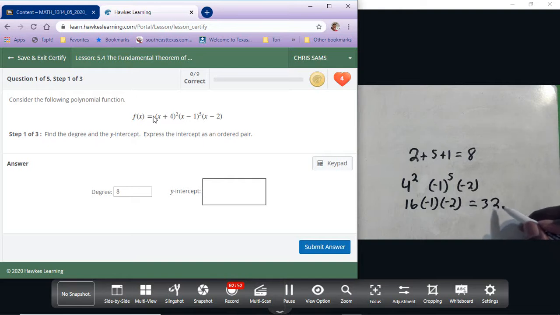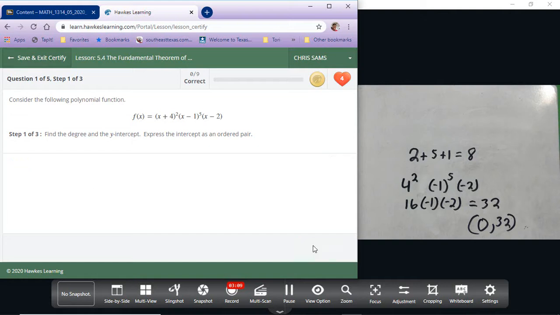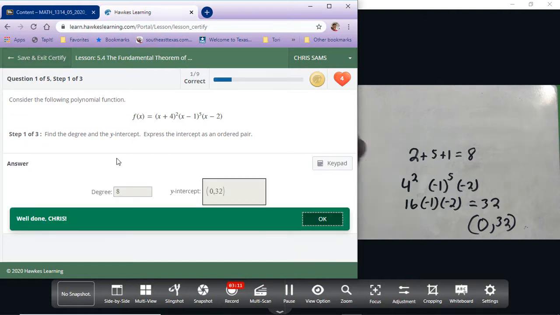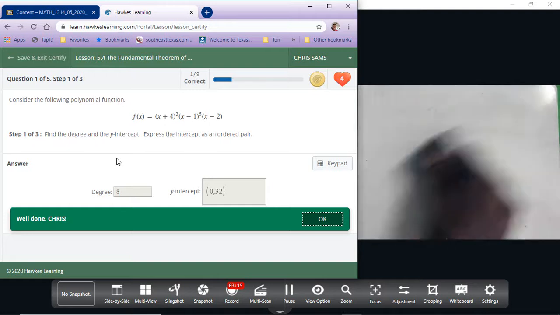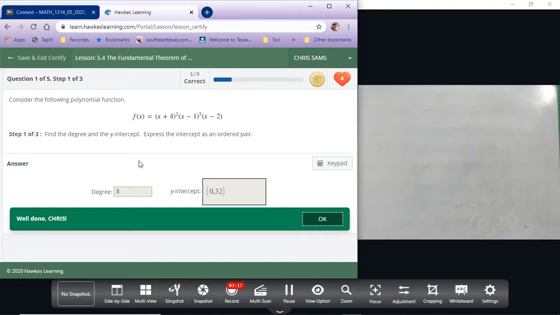So notice this is the y-intercept, so x is 0, y is 32. That's always the case when we're dealing with the y-intercept. So as an ordered pair, we're going to do 0, 32. Alright, this is step 1 of 3 parts. Now we're going on to step 2.